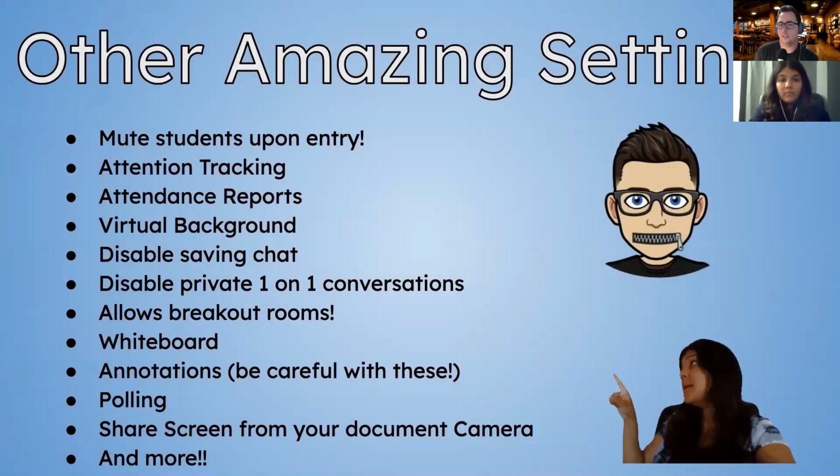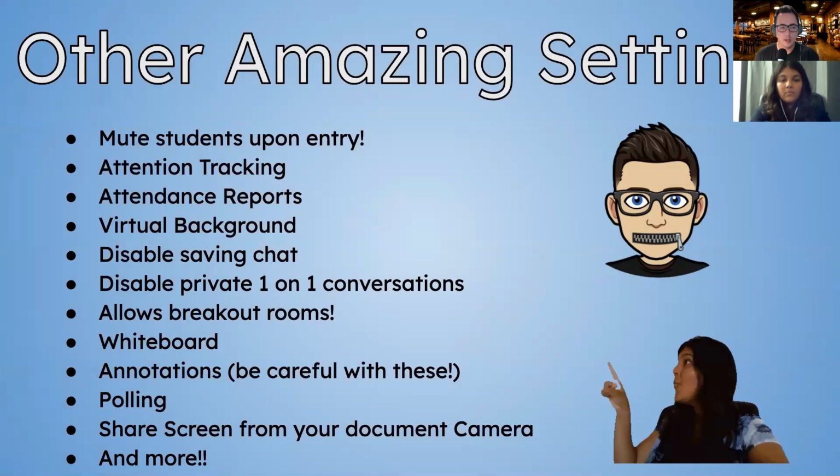So some other settings that you definitely want to check out are you can set it up where the students are muted upon entry. So once they join your Zoom, they're automatically muted. You can turn on attention tracking. So if they have the Zoom window open and they decide that they want to minimize the window and have something else open, then you would know as a teacher that the Zoom window isn't the most upfront window.